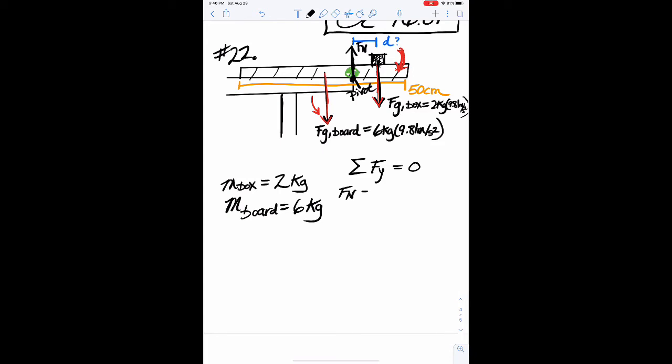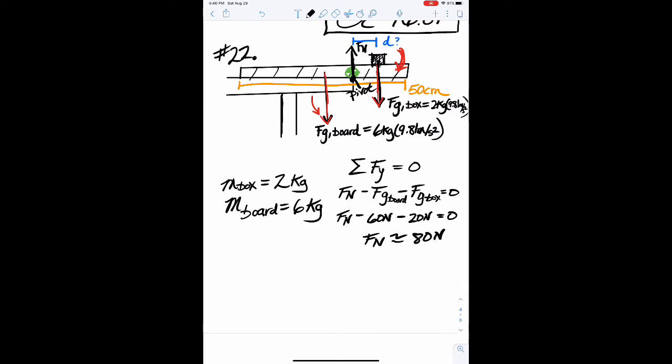That means FN minus FG board minus FG box is equal to 0. I got to be more careful there because they're both FG. So FN minus FG board, 6 times about 10, is 60, minus FG box, which is 20 newtons, is equal to 0. So FN is approximately 80 newtons. But that really doesn't matter.